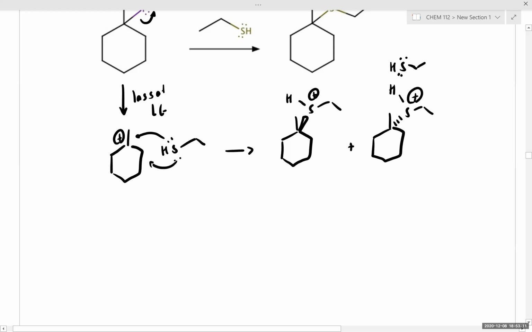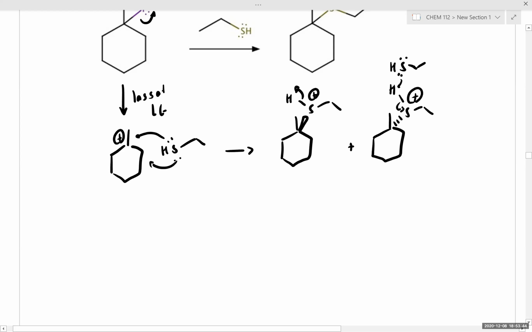Can we draw out a mechanism similar to a typical acid-base reaction to remove this proton? What does everyone think? Can we transfer this proton to our nucleophile? Something like this.